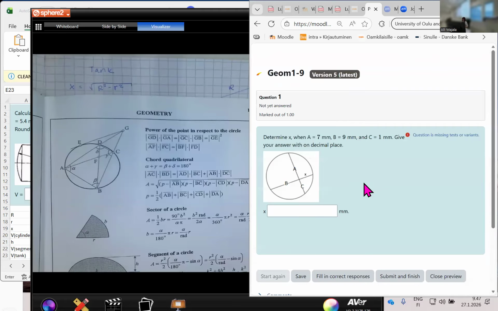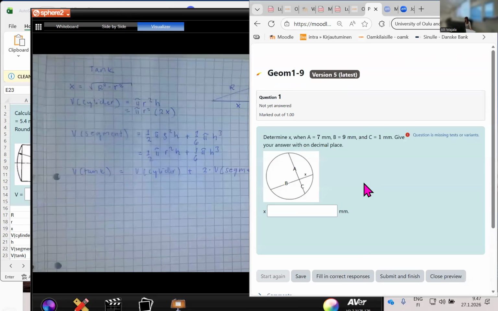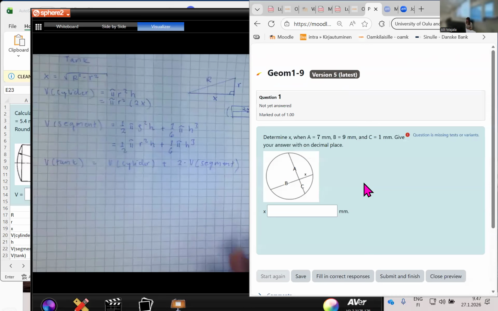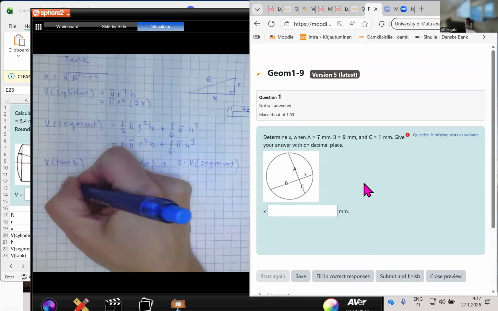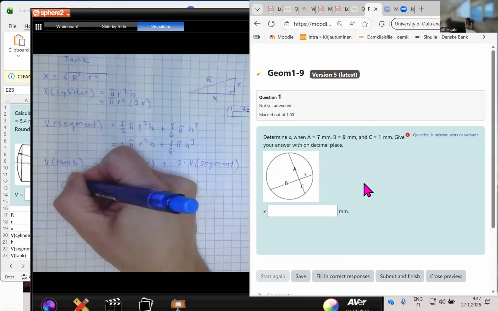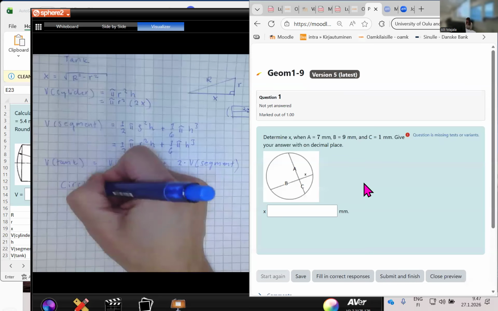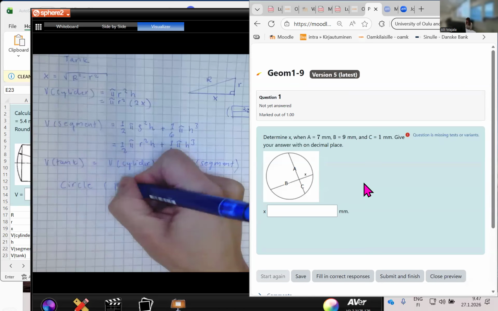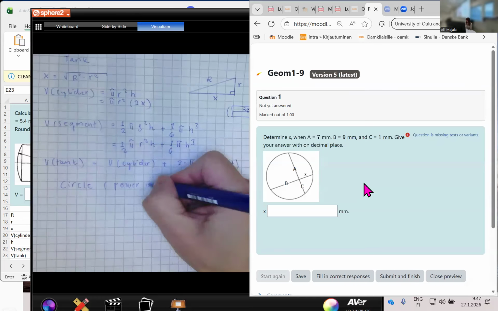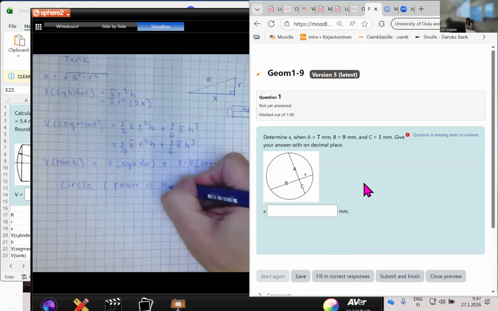So on this one, you would have, how do I call this circle? Power of the point. And that's the power of the point.